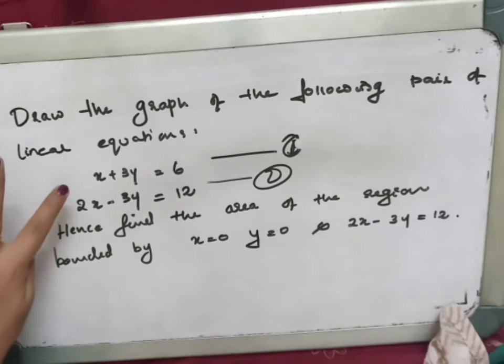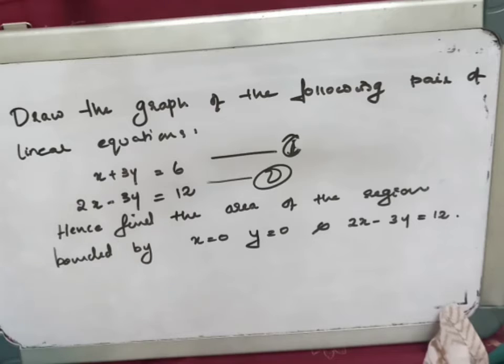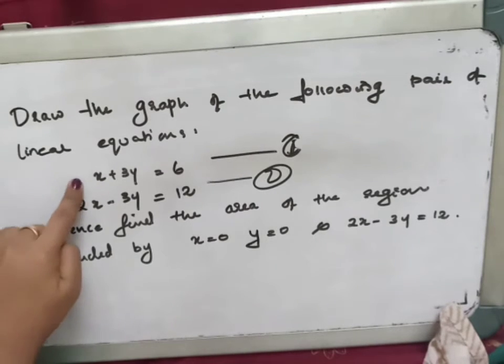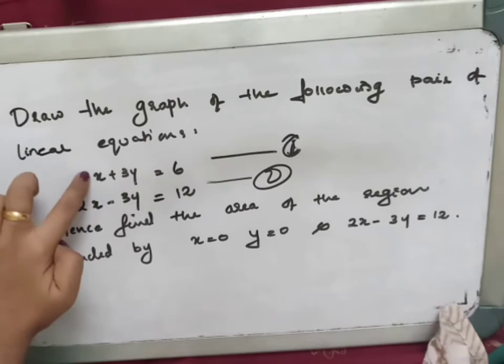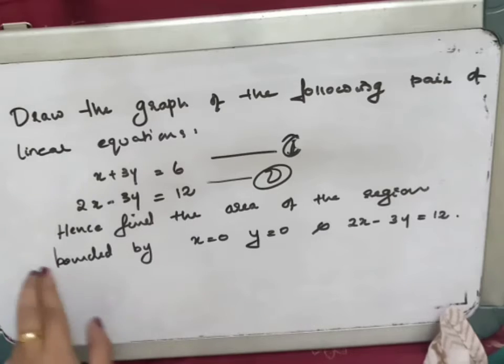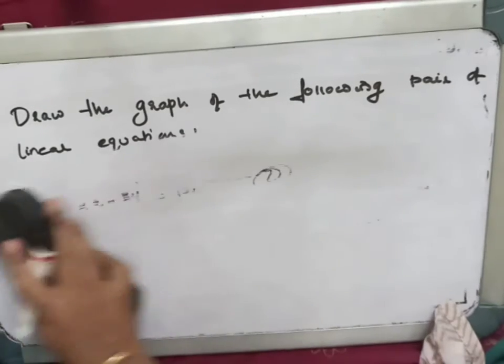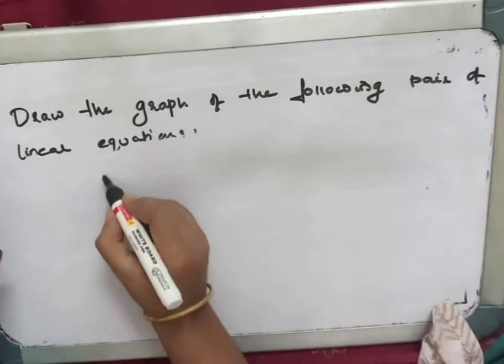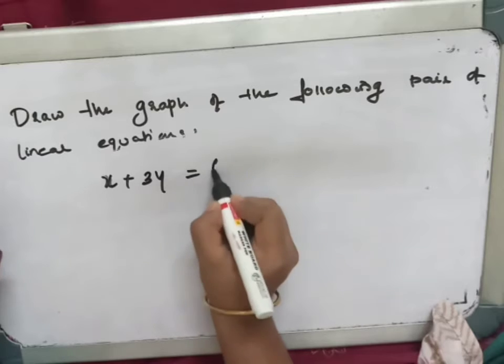First, in order to find the graphical representation of these equations, we need at least 2 points to plot on the graph. So from each equation we will find out 2 points that satisfy this equation. So let us take the first equation first. First equation is x plus 3y is equal to 6.